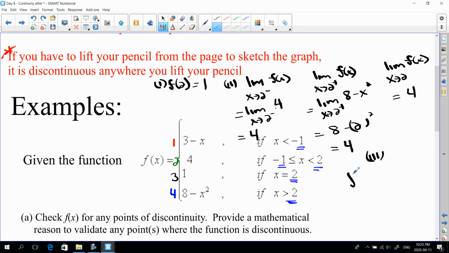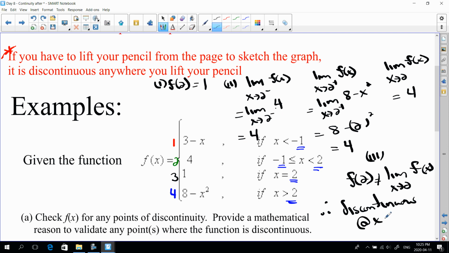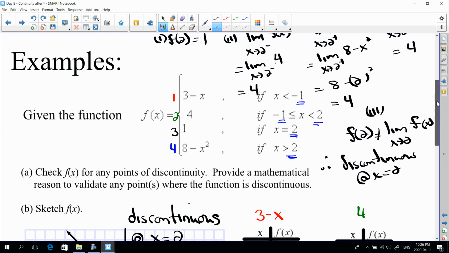So I can say f at 2 does not equal the limit as x approaches 2 of f of x. Therefore, it's discontinuous at x equals 2. So it was continuous at x equals -1, discontinuous at x equals 2. Part B of this question actually asks me to sketch the curve.